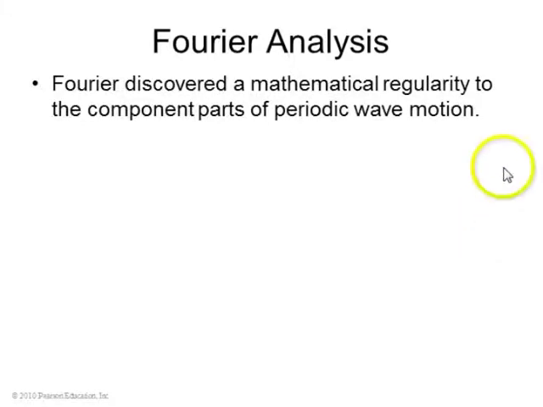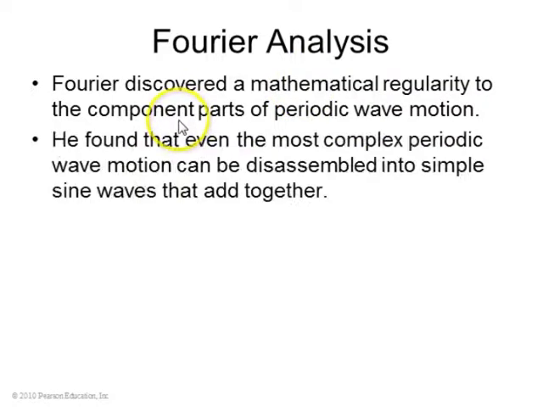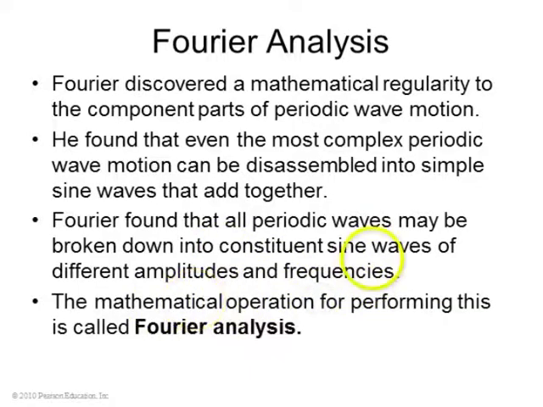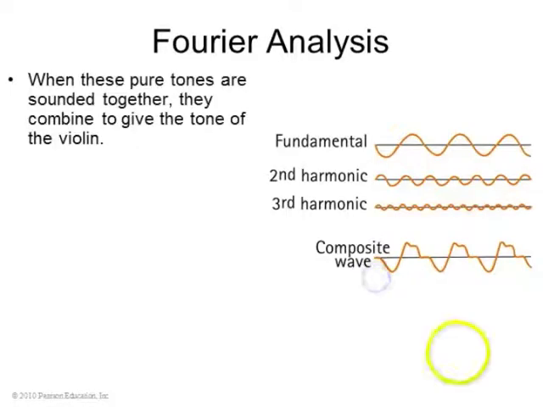So Fourier analysis is the mathematical analysis of these different partials. Fourier discovered that any wave can be disassembled into a sum of just sine waves. Okay? And so if you have a composite wave, this one down in the bottom, it can be the sum of the fundamental sine wave plus the second and plus the third harmonic.